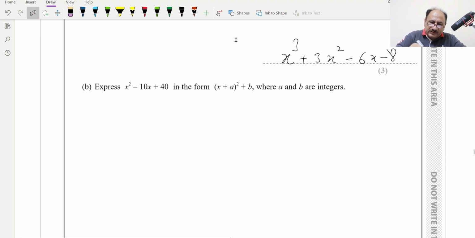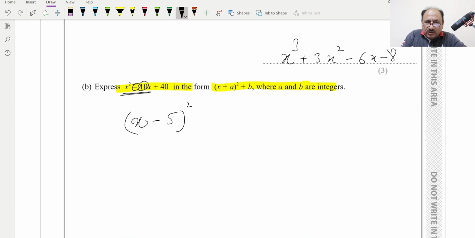Now express this in the form of completing the square. What we'll be doing is writing x and copying whatever sign is there, and the coefficient of x, 10, we divide by 2, so 5, and square it.